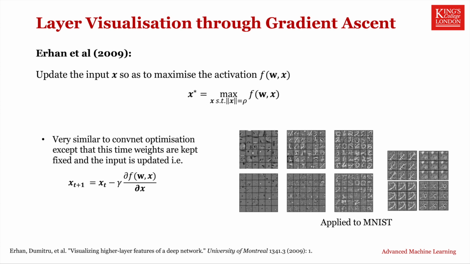Thus, the optimization is very similar to standard ConvNet optimization, except that this time the weights are fixed and instead the input is updated through taking steps in the direction of the partial derivative of the activation maps differentiated with respect to the inputs x.